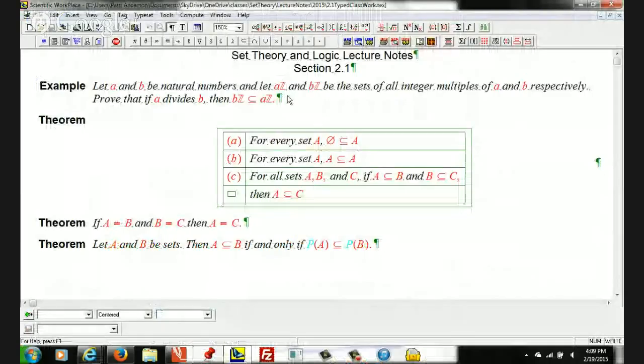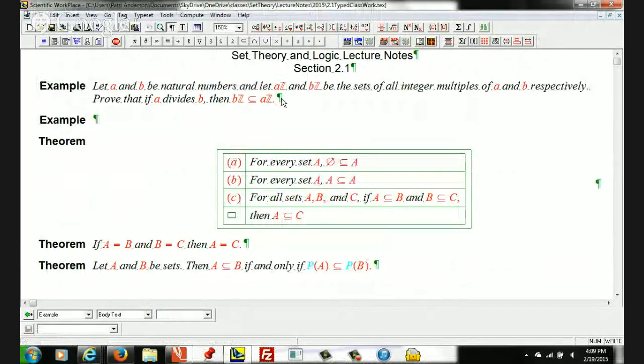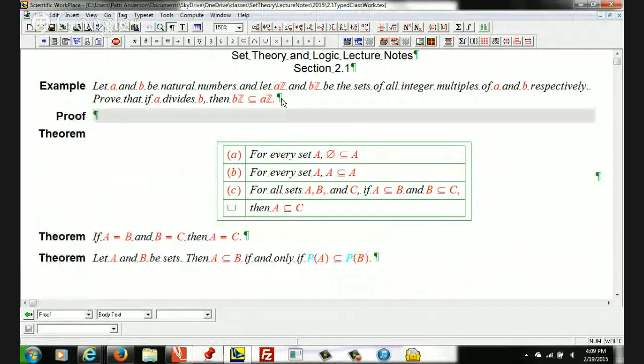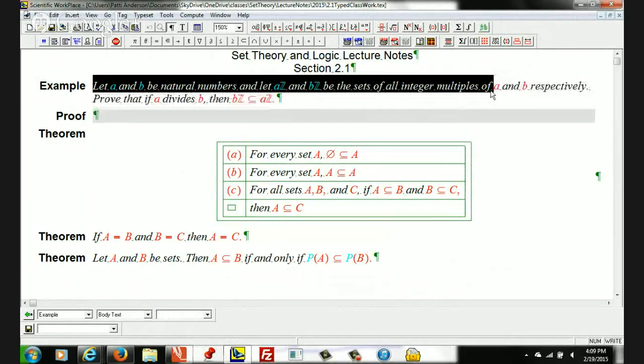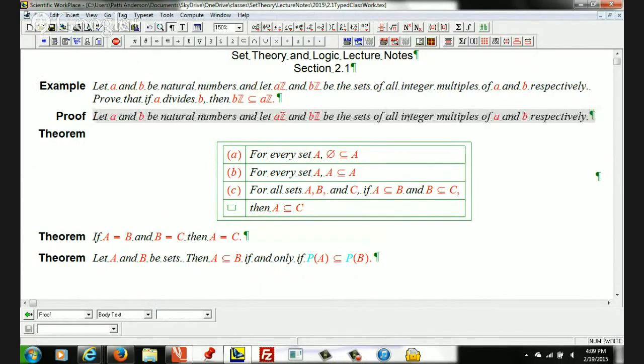Okay, so here's where we're going to be to type it up. Let's get our proof statement. The hypothesis: let a and b be natural numbers, and aZ and bZ be all the integer multiples of a and b respectively. And then we have one other part of our hypothesis. Let a divide b.